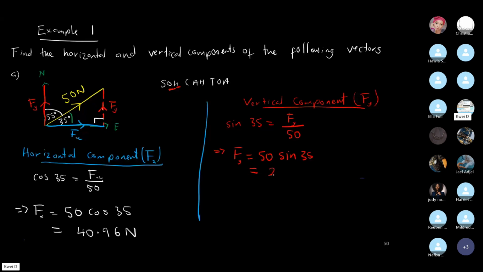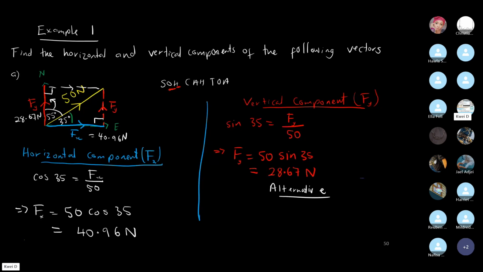So once again, you can also use the alternative, which will also give you the same answer. And the alternative is to use the top right angle triangle to determine the value of your Fy. If you're using the top right angle triangle, you can see that the Fy is adjacent to the angle 55. So adjacent means cos.